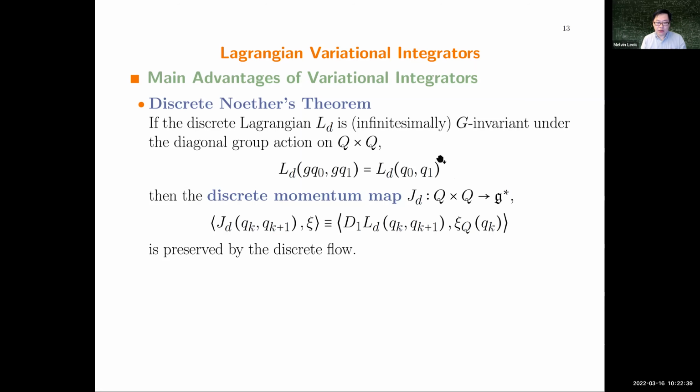If the discrete Lagrangian is invariant under this diagonal action of some symmetry group, then there's a discrete momentum map which is preserved by that discrete flow. In particular, if you have a discrete Lagrangian which is rotationally invariant, then there's an associated discrete momentum map encoding a discrete notion of angular momentum preservation.